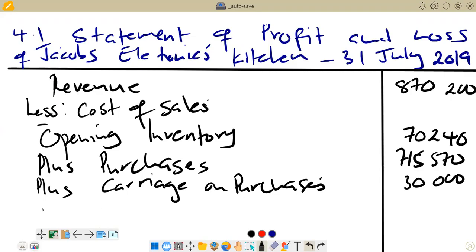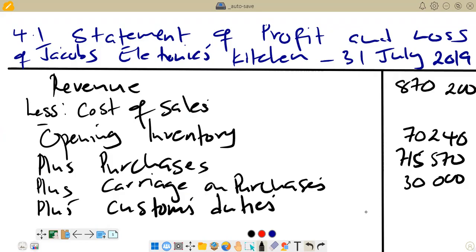Then we also add plus customs duties. The figure for customs duties that we are given is 34,760. So this is the figure that we have in terms of customs duties.